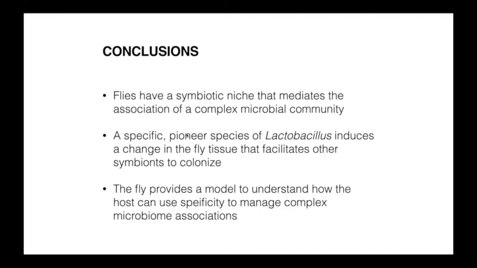This provides us a model in the fly to understand how the host can use specificity for certain strains in order to manage complex associations with other strains that have big benefits on its fecundity. The Acetobacter is the secondary one that I was talking about earlier in the talk, that really contributes to the fecundity.